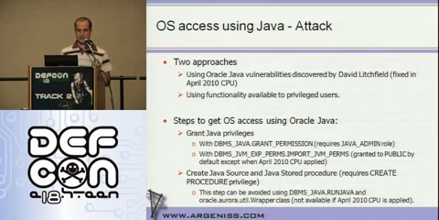Or instead of creating this Java stored procedure, we can call an existing Java class that Oracle had, the Oracle Aurora util wrapper class, that contained a function to execute operating system commands. This one is not available if we have April 2010 CPU applied.